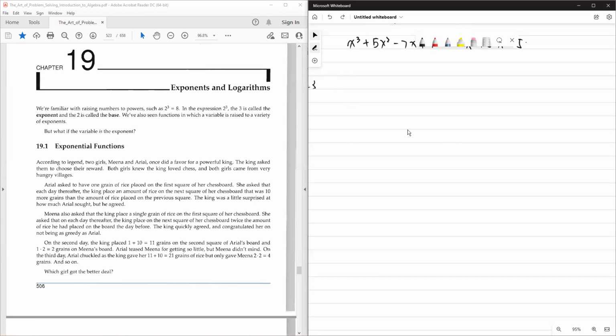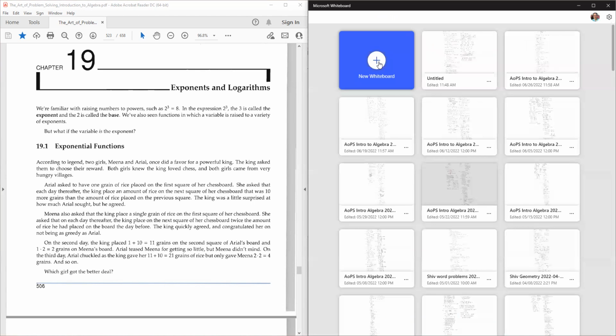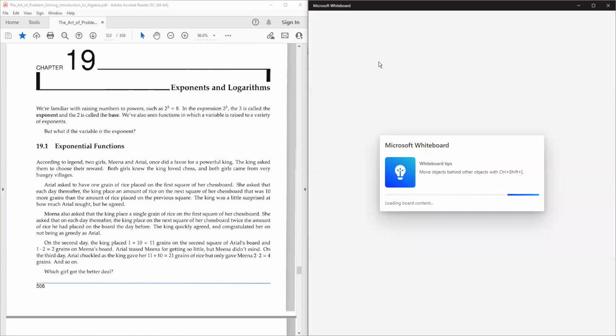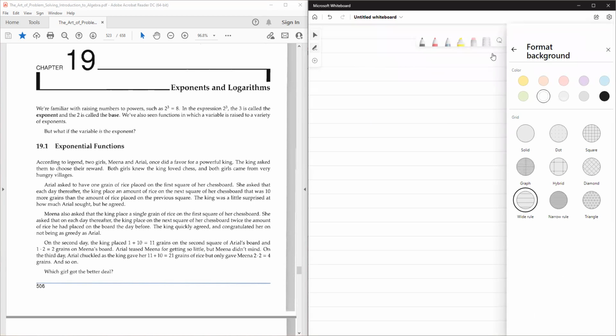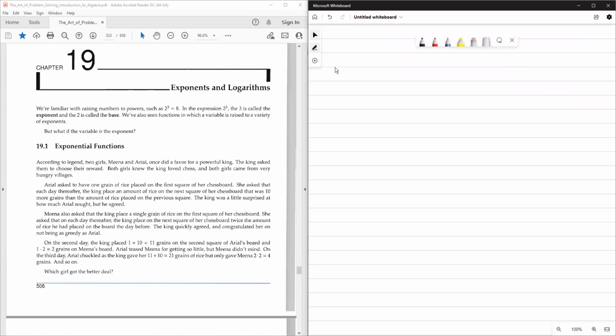You know what, I'm going to go back home. I'm going to start a new whiteboard on chapter 19. There we go. So let's see, chapter 19. We have exponents and logarithms.